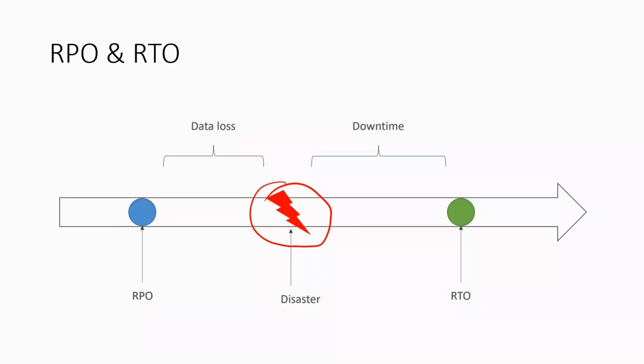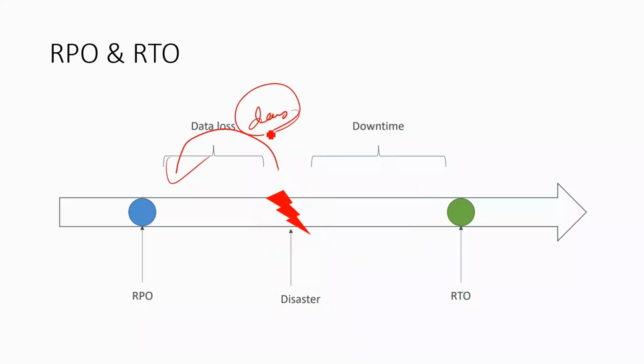If you do daily backups, then if a disaster happens, you need to go back a day, so you can lose a day's worth of data. That is the recovery point objective. Your company can sustain a day's worth of data loss in this case, and it depends on how frequently you back up the data. It's completely dependent on you. So that's about RPO.